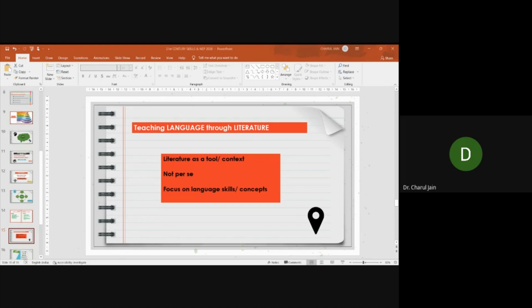When we are talking about MA in English, we are talking about teaching students how to analyze and interpret literature.